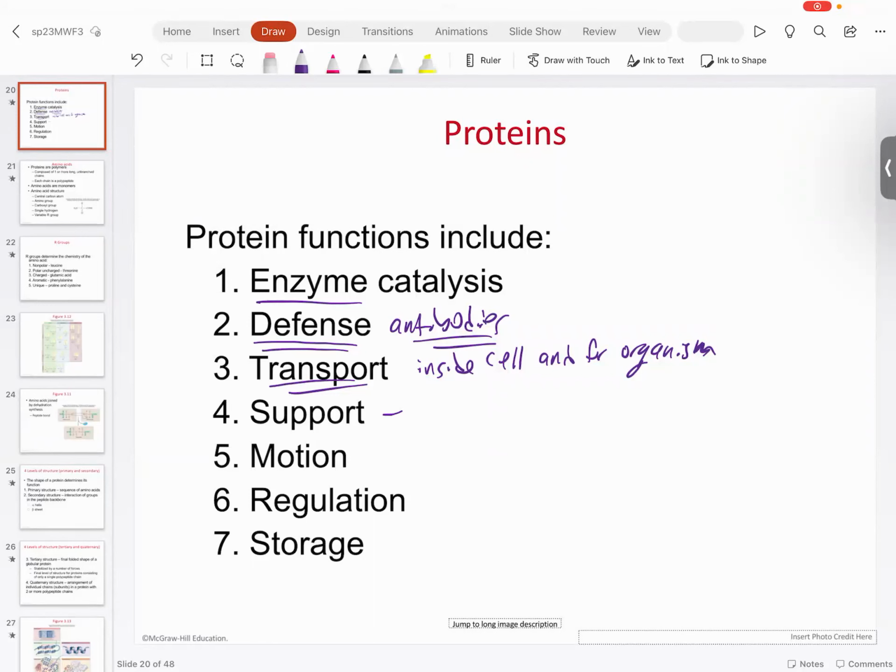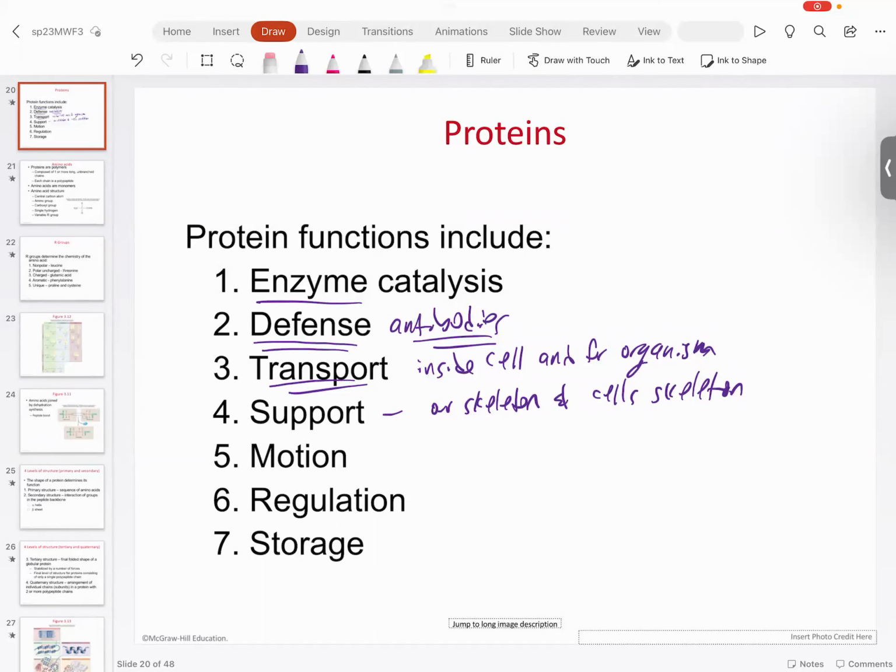Support, this is both our skeleton and the cell skeleton. Think about it for a second. The tissue that makes up your bone, a lot of that is calcium and phosphate, certainly, but the real heavy lifting part of your support system, like your skeleton, your cartilage, your connective tissue, is actually wrapped around protein.